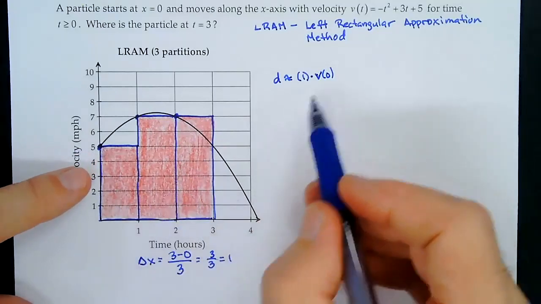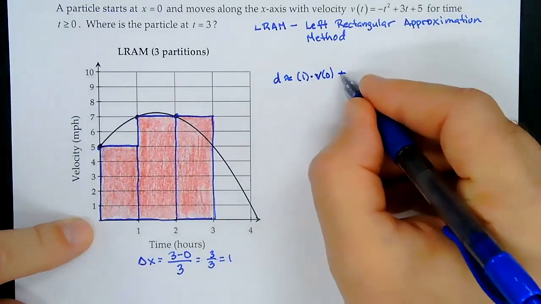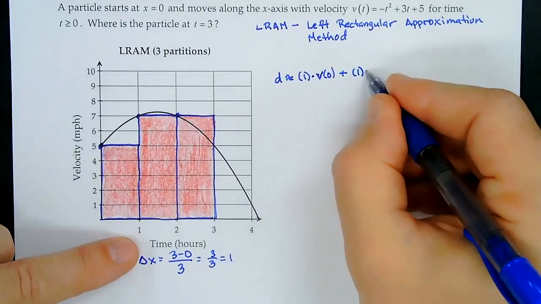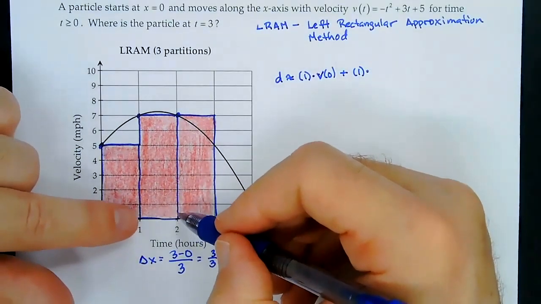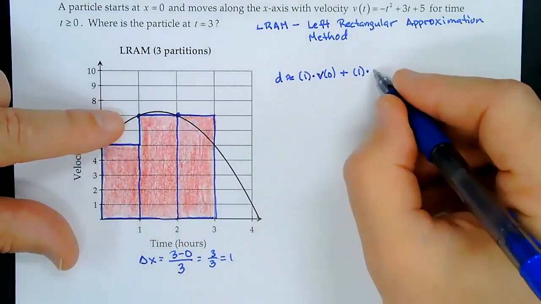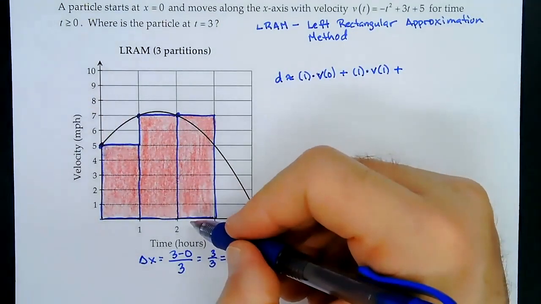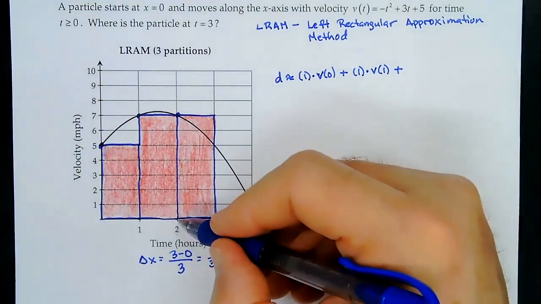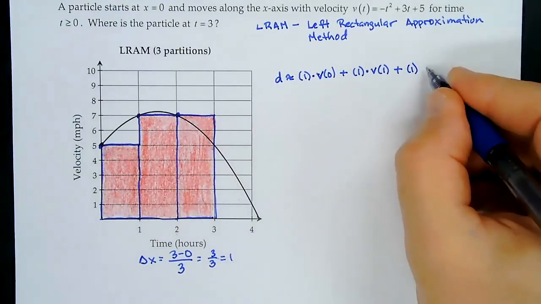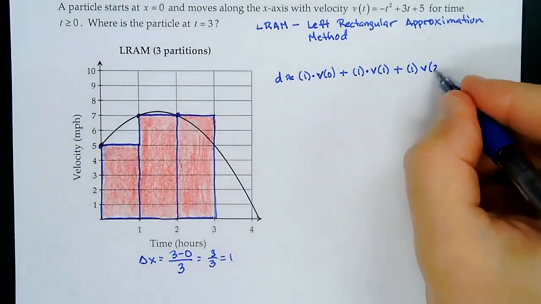And so we're going to get the height of this rectangle by finding the velocity at time 0, and then adding that, and then the next one would be 1 hour times the velocity at 1. That's how we'd get the height of this rectangle, by finding V of 1. And then plus, this one right here would be 1 hour again from 2 to 3, and then it would be V of 2 to get the height of that rectangle.